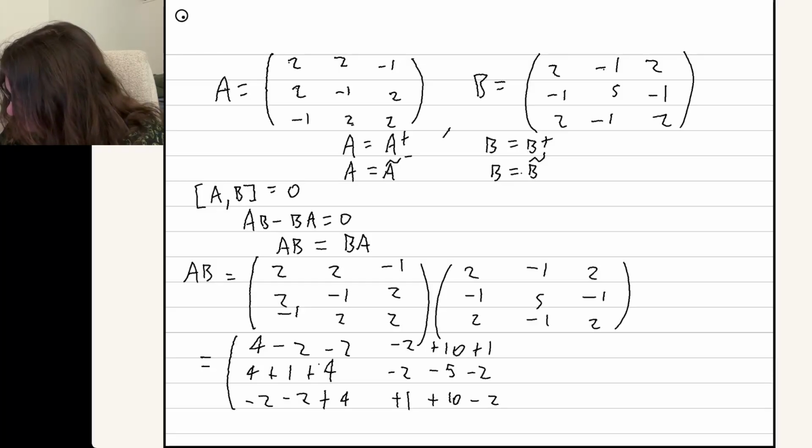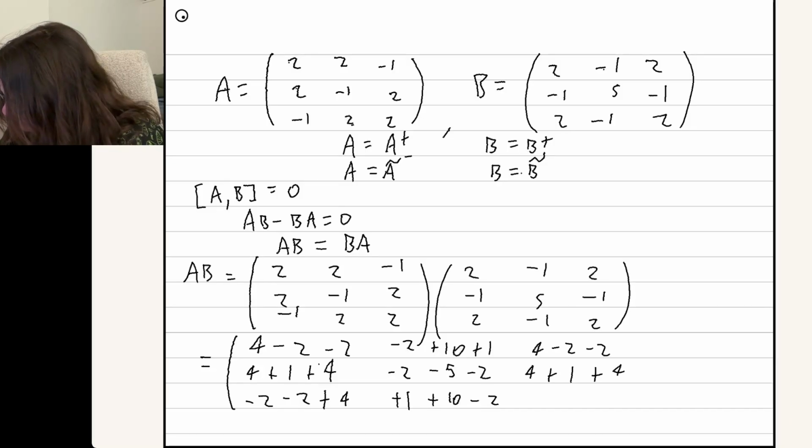And then it's going to be 4 minus 2 minus 2, 4 plus 1 plus 4, and then minus 2 minus 2 minus 2 plus 4.